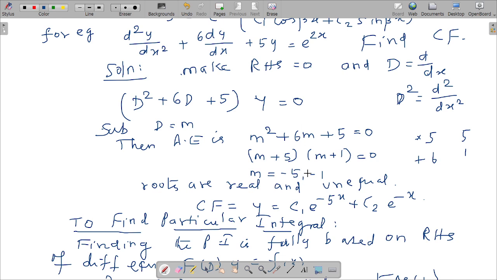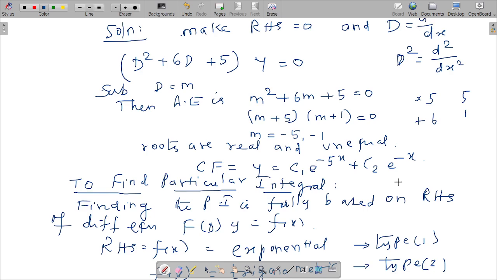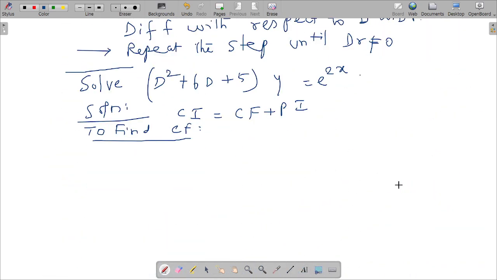The complementary function is c1 e power minus 5x plus c2 e power minus x. So here we are writing the complementary function y equal to c1 e power minus 5x plus c2 e power minus x. Then how to find the particular integral?